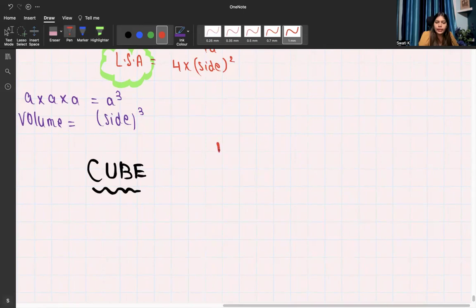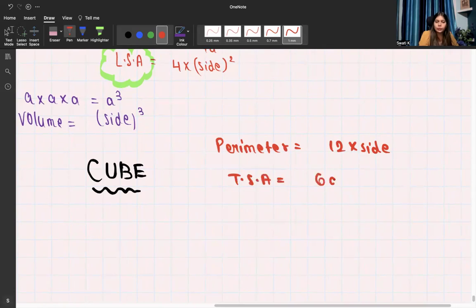So for the cube, we had first understood the perimeter. What was the perimeter of a cube formula? It was 12 into side. Next, we had understood the total surface area of a cube. That was nothing but 6 into A square. I'm just going to use the word side, so 6 into side square. And then we have the lateral surface area, or the curved surface area, which was of course 4 into side square.